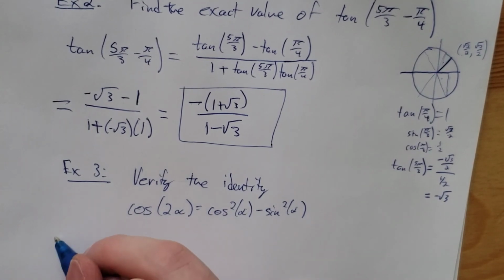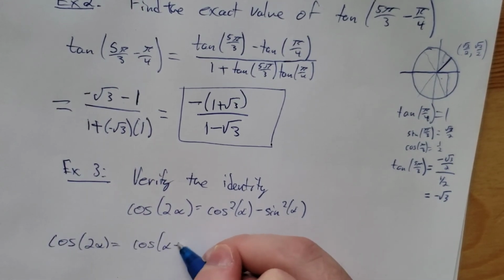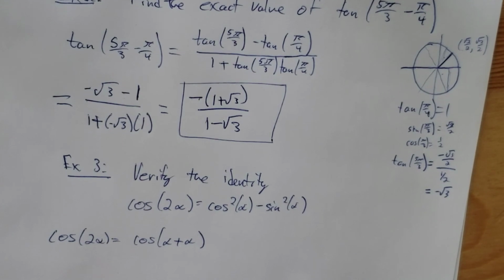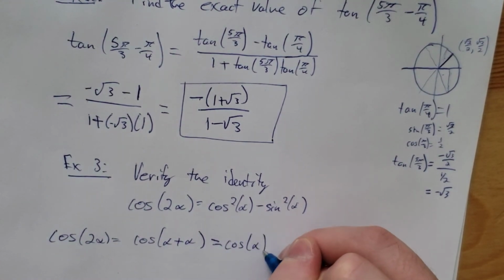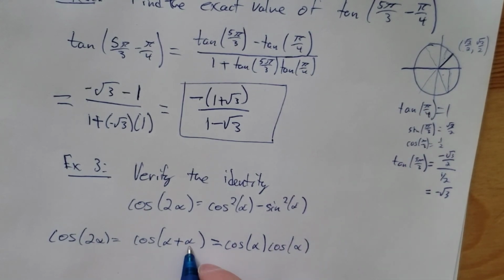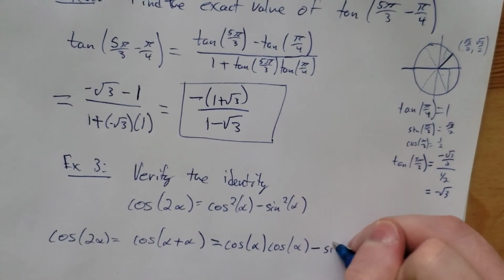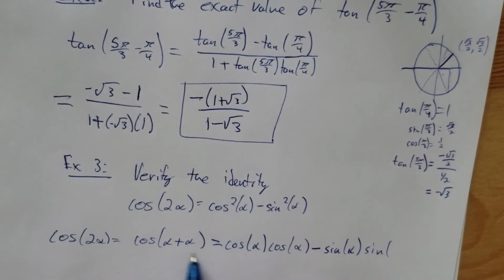So, how do we do this? Well, we recognize that cosine of 2 alpha is the same as cosine of alpha plus alpha, which means we use our cosine of alpha plus beta formula, and that is cosine of alpha times cosine of beta, but beta here is just alpha again. So this is really cosine of alpha times cosine alpha minus sine of alpha times sine of beta, but again, our second value is alpha again, so this is really sine of alpha again.